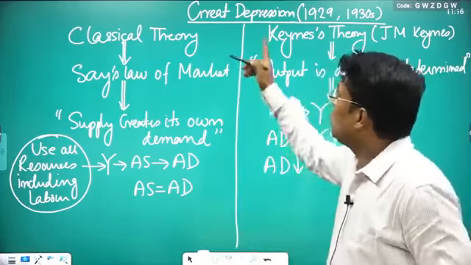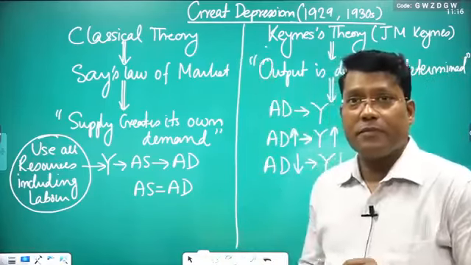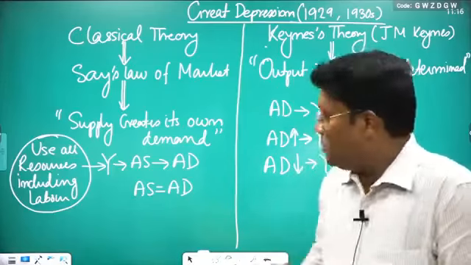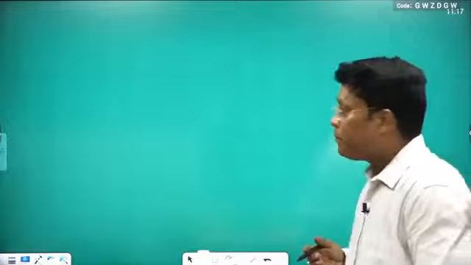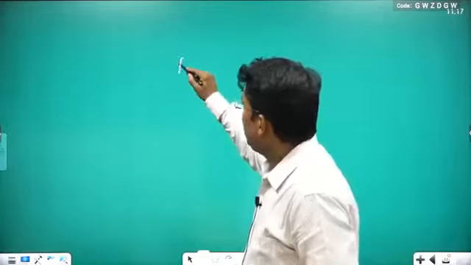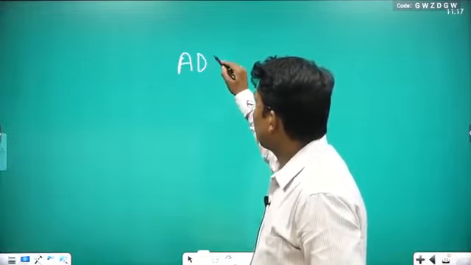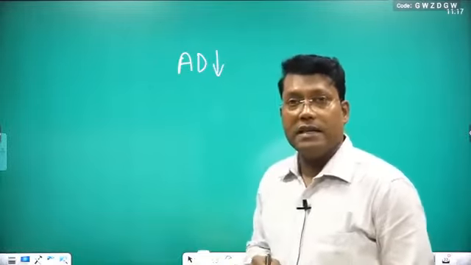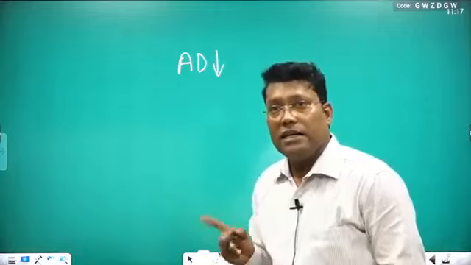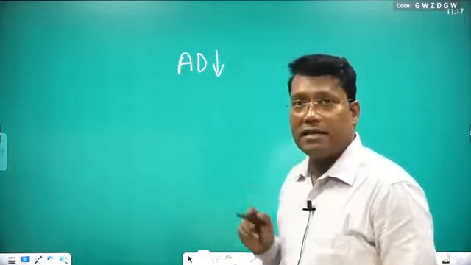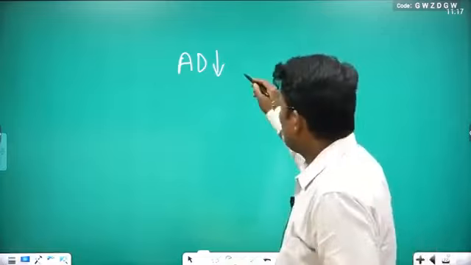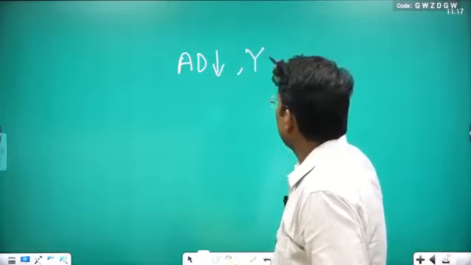Now, what is Great Depression? Taking the second piece first, I will come back again. In any economy of the world, if aggregate demand, AD, which stands for aggregate demand for goods and services, started decreasing, and you also observe a fall in the level of output.